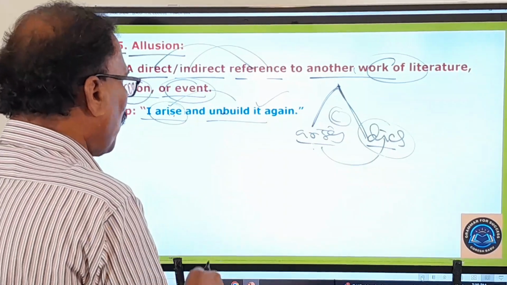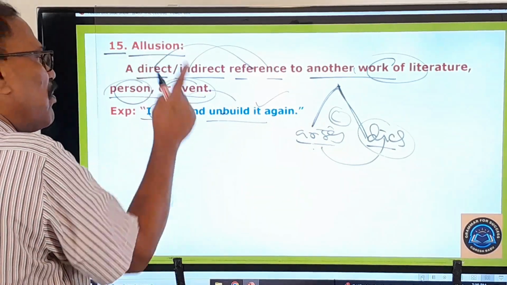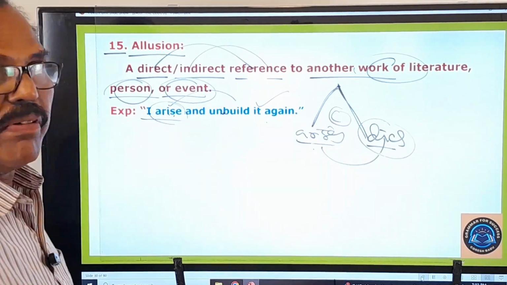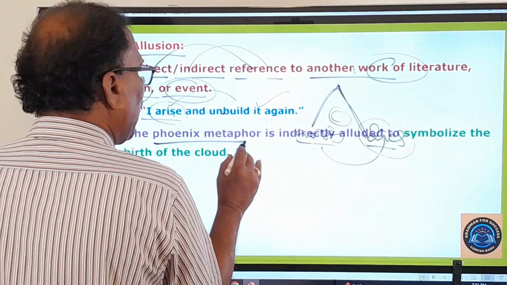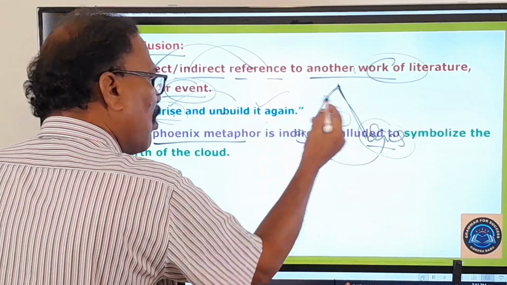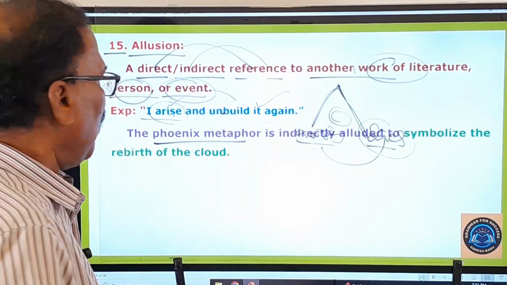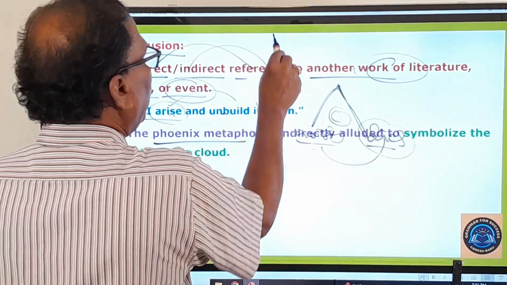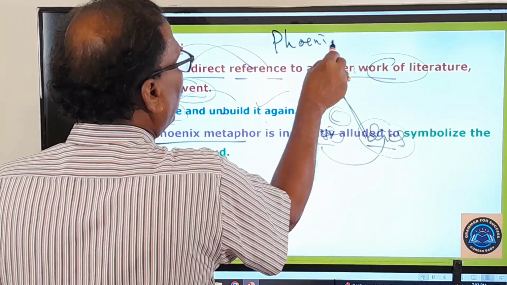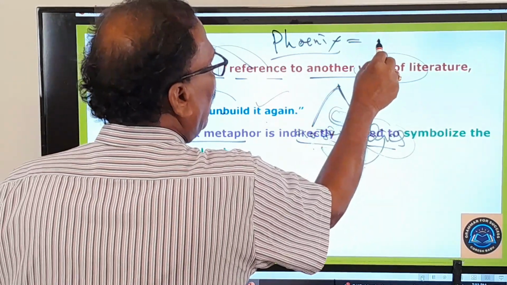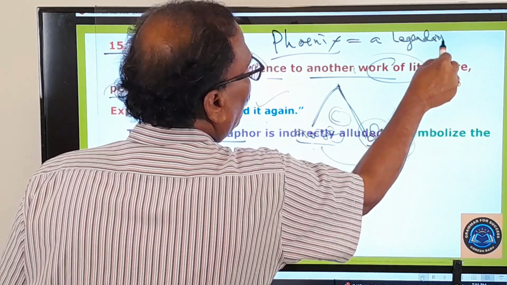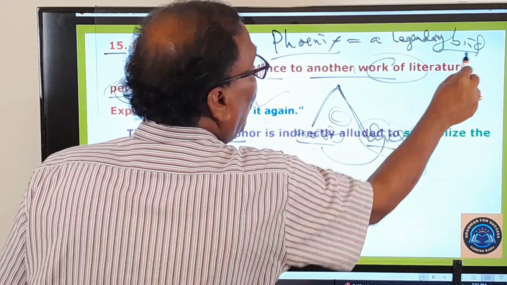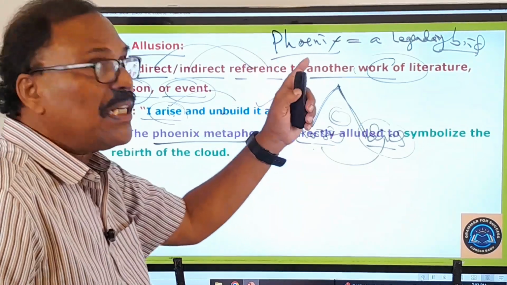So this is therefore called what? A kind of allusion. What kind of allusion is given here? For example, I would like to give you here the phoenix metaphor. This is therefore called the phoenix metaphor. What is this phoenix? This phoenix is a legendary bird.